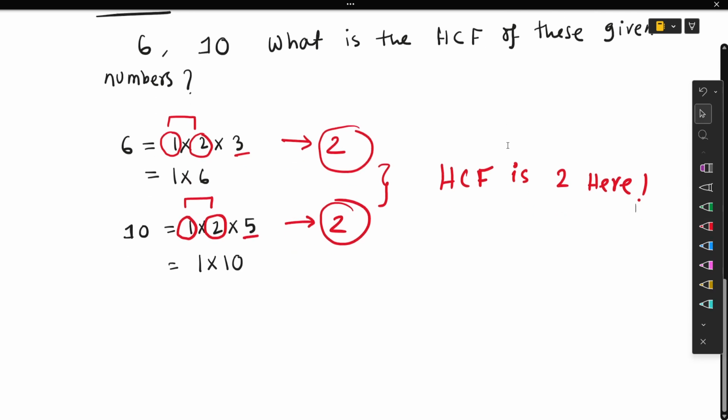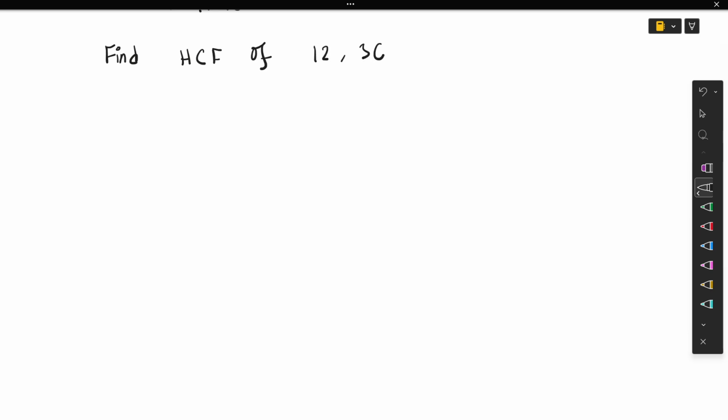Now let's do another problem. Let's say find HCF of 12 and 30. So what will happen? Let's break this 12 into its prime factors. So you have 1 times 2 times 2 times 3.